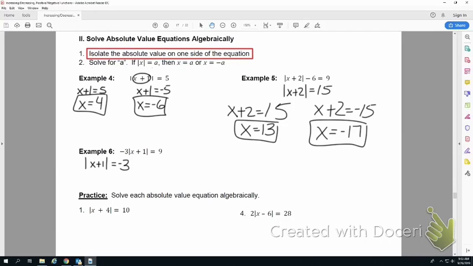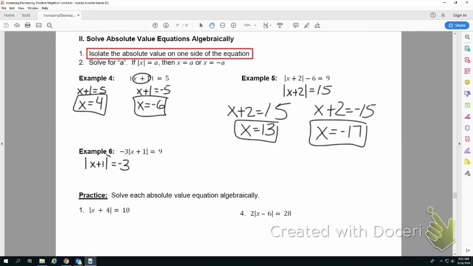Make it equal to negative 3. No. Somebody take a guess as to why I wouldn't do that. Oh, this is no solution. Why is it no solution? Because it's going up. It's not reflecting across the x-axis, so it can't ever reach that. Can't ever reach the negative 3.